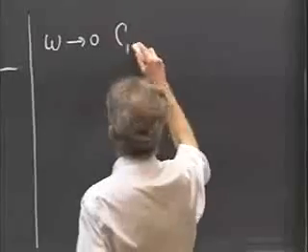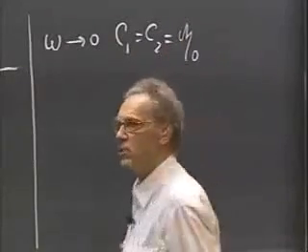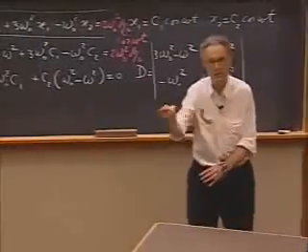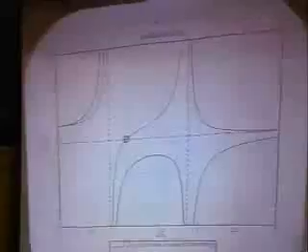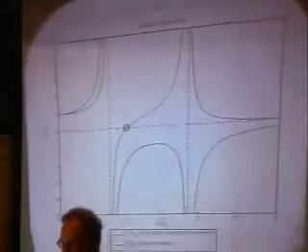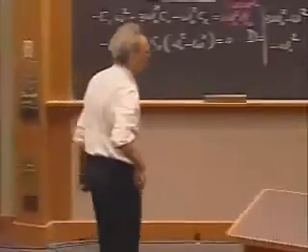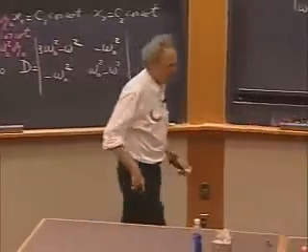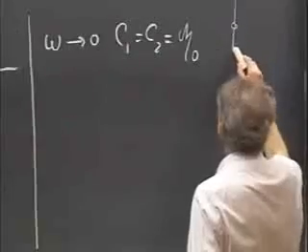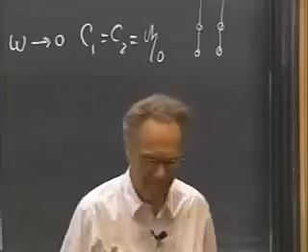So C1 must be C2 and must be eta 0, and it must even be plus eta 0. It must be in phase with the driver. And you see that, not the ratio, which is C divided by eta 0, that is a ratio, that is plotted at plus 1. And so both are in phase with the driver. So that's a trivial result. It means that the pendulum, which is here, 25 years from now, is here. That's omega 0. Almost 0.